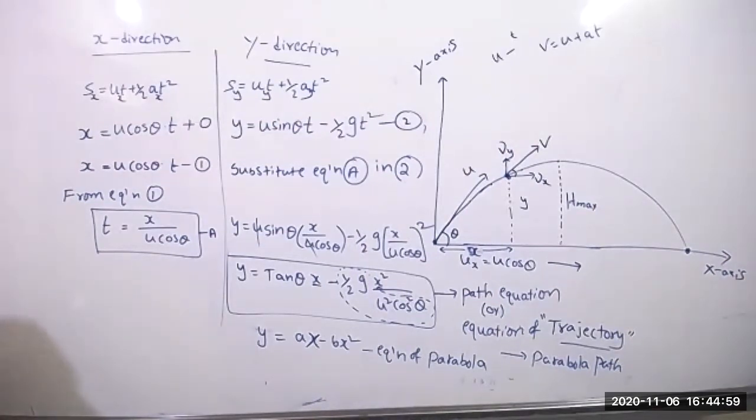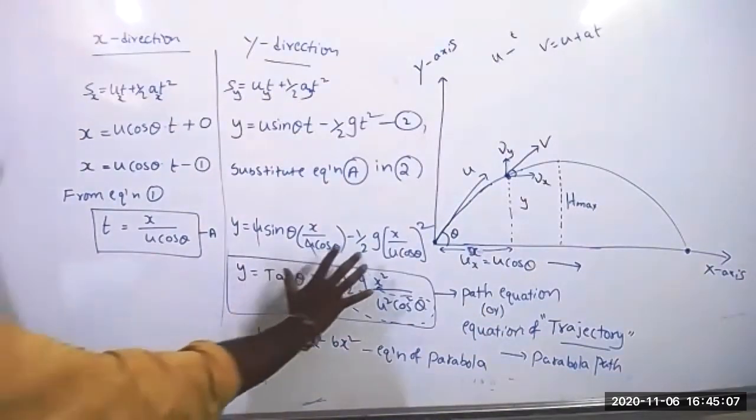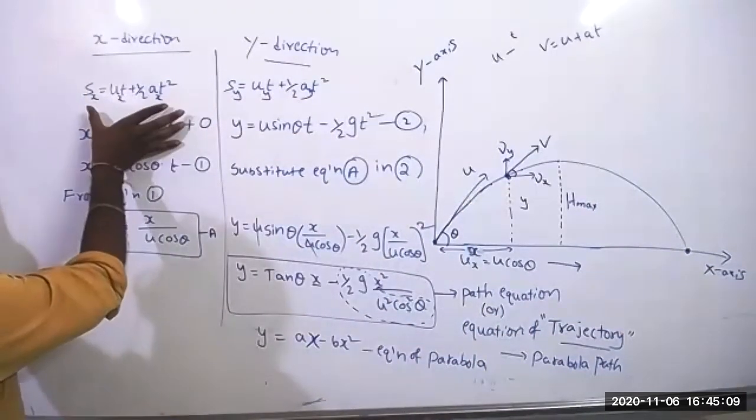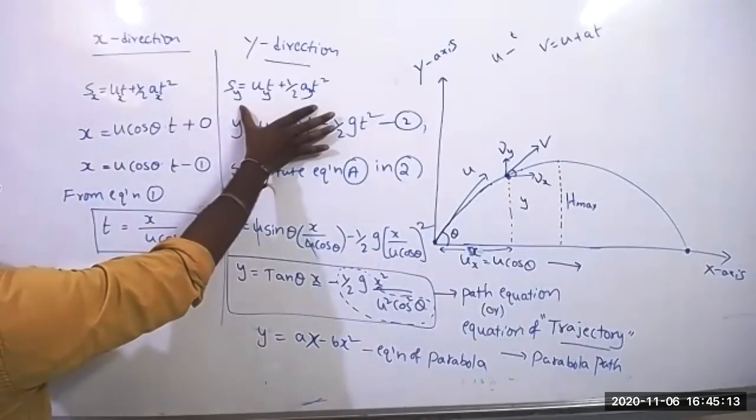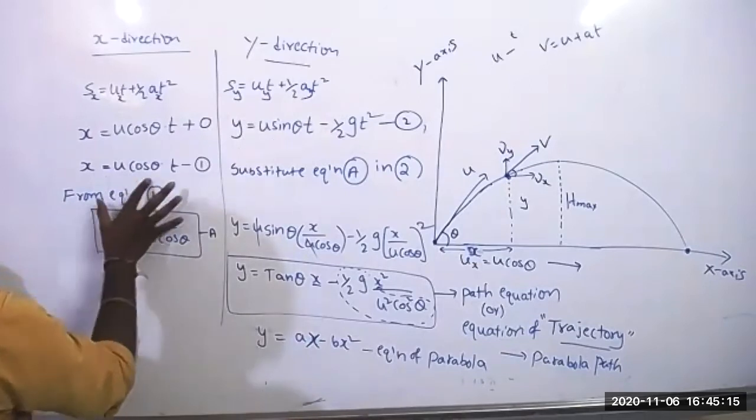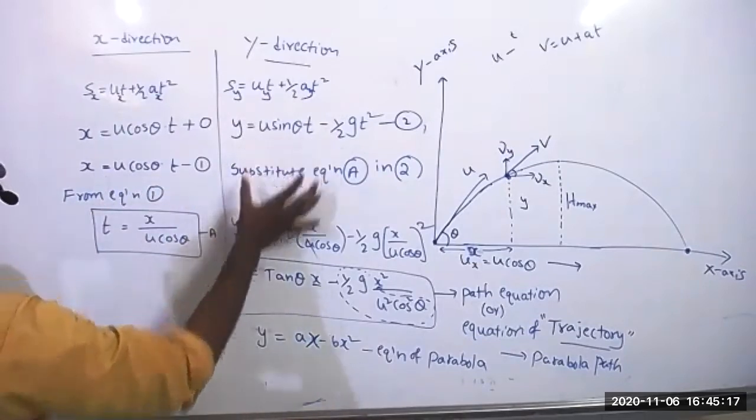Clear? Yes, sir. So how to derive this equation? We have to find the displacement along the x direction and the displacement along the y direction. From that we have to get t. That t we have to substitute here.